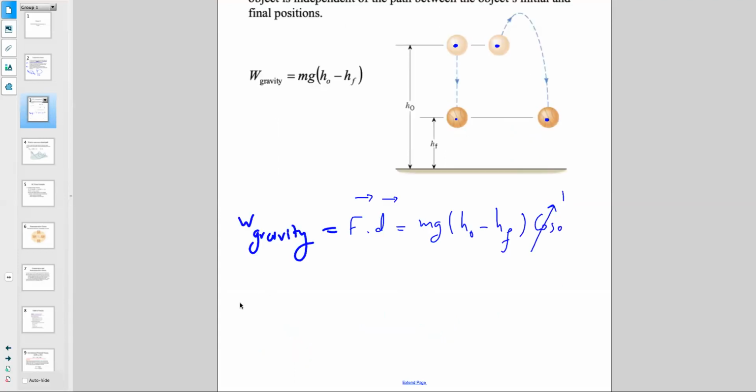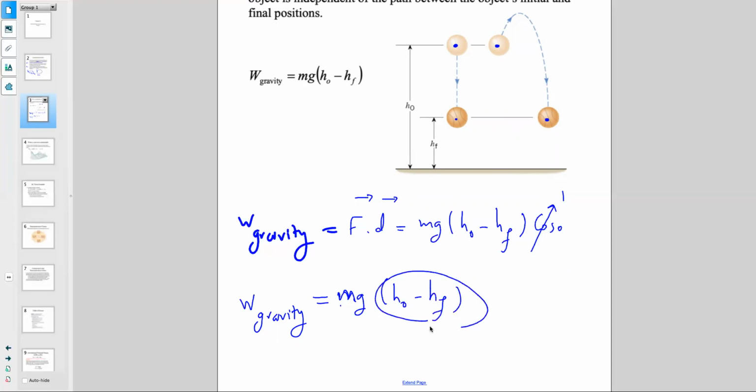So that's why the work of gravity is mg times (h initial minus h final), or the change of height.